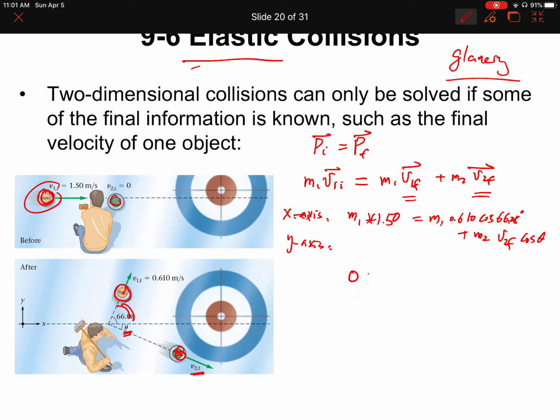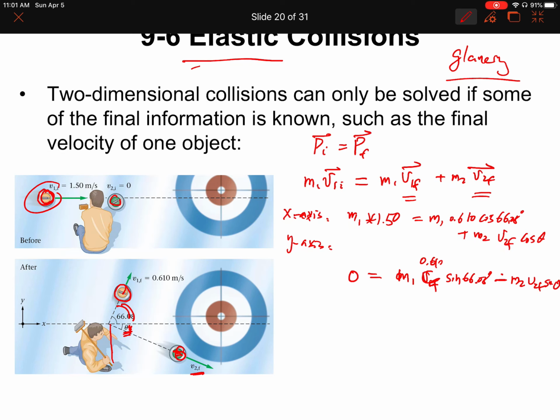So on the y-axis, 0 equal to the y components: M1 V1F magnitude times sine, so V1F is 0.610 sine 66.8 degrees, actually minus M2, and we use this angle for the y-axis components, so this is V2F sine theta.